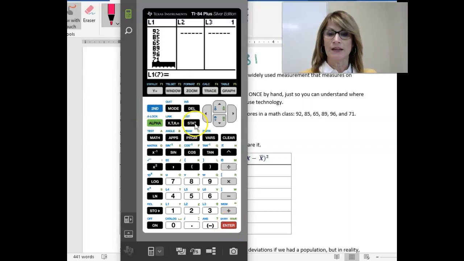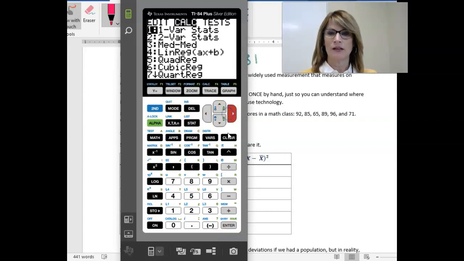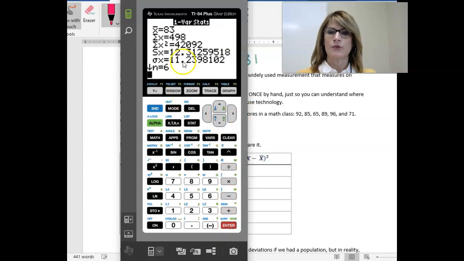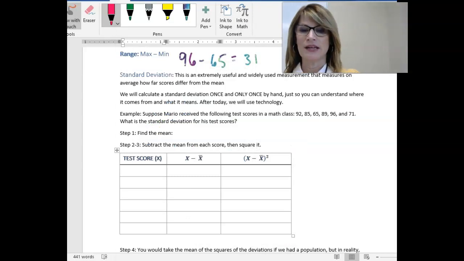And then find the mean. Stat, calculate, one variable stats, list one. Don't have anything for your frequency list here. Calculate. So we have a mean of 83. Okay, so our mean is 83.